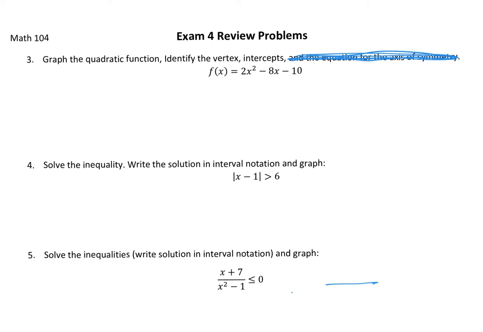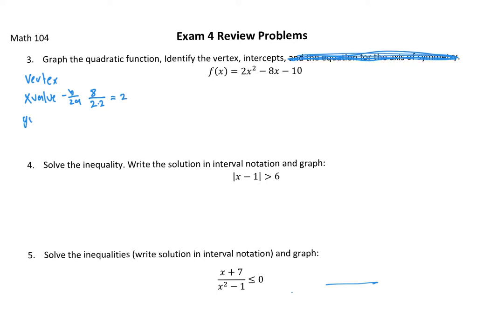Remember, we've already done the vertex. We need to find the x value, which is negative b over 2a. So negative negative 8 is 8 over 2 times 2, that's 4. 8 over 4 is 2.